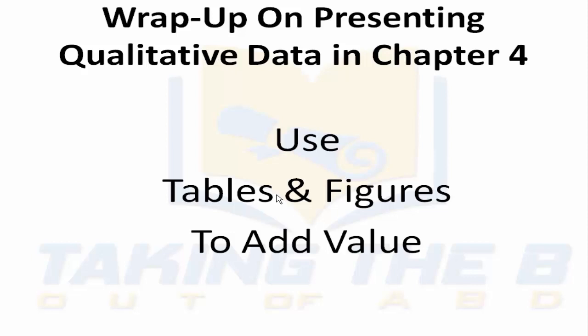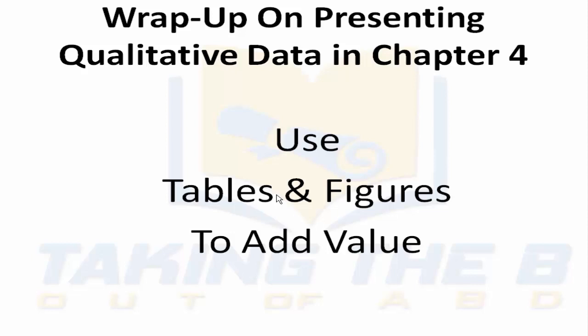Now, very infrequently have I seen figures used in Chapter 4, but there have been times where I have seen them in there. I encourage you to build tables where it's appropriate. I do understand that they're not required, and some dissertation chairs and actually some reviewers will ask you not to put a table in there.